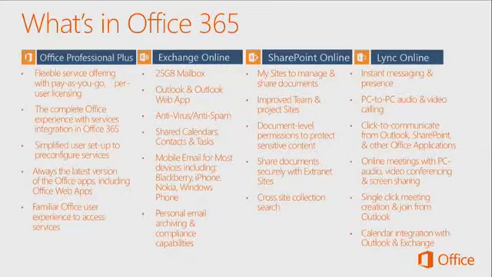Okay, so back to the slides here. What's in Office 365? Office Professional Plus. This can be delivered in a couple of different ways. It can be pay-as-you-go. It can be delivered as a service. If you need Word, it's automatically streamed to your PC.